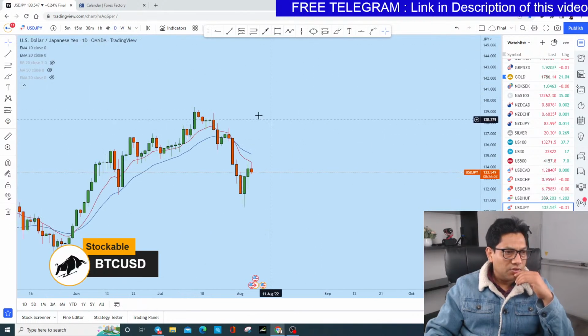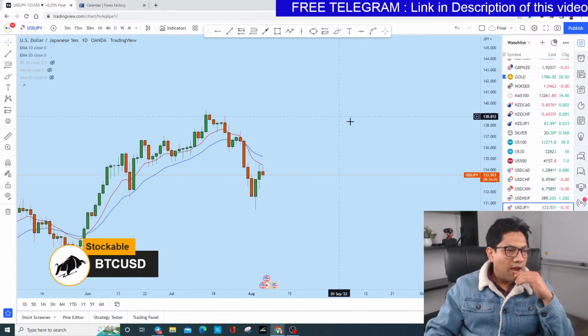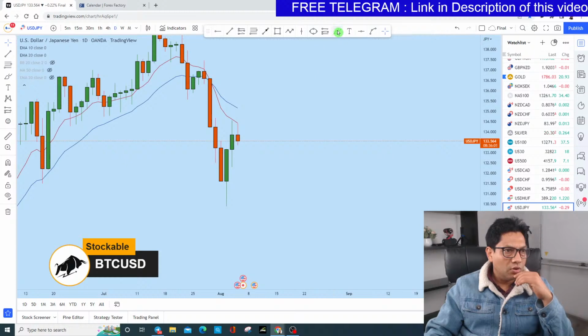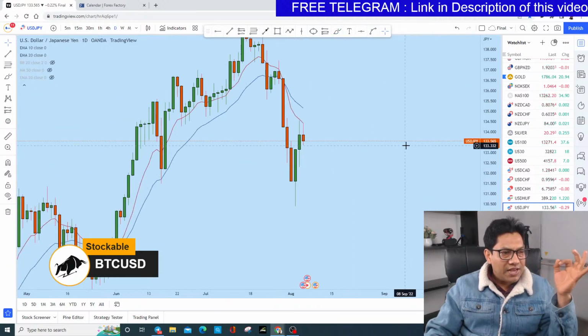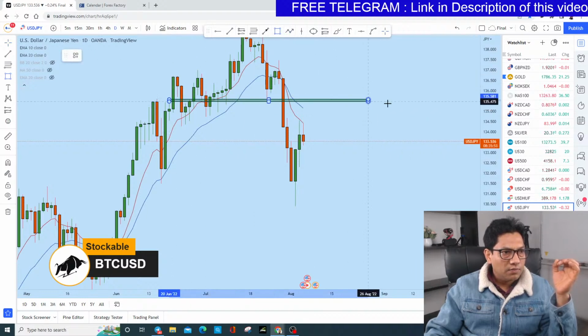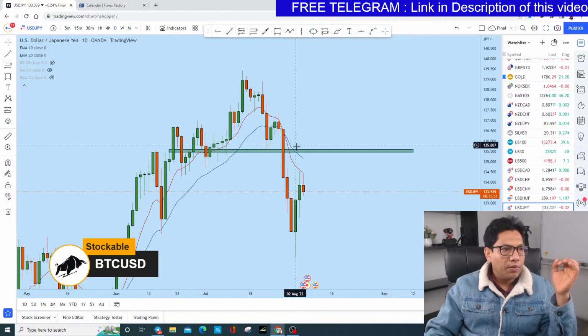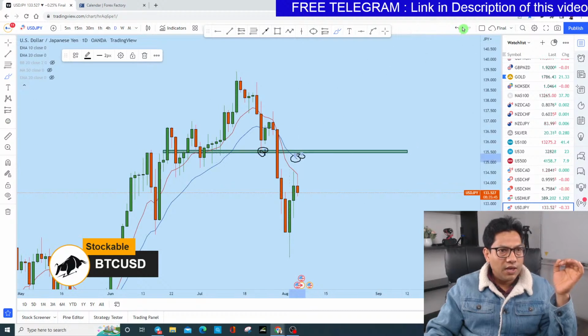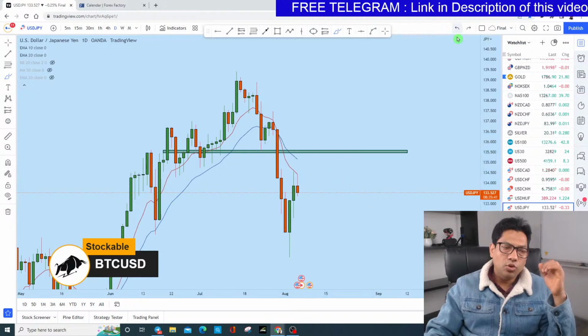Daily. Now the question is what I think dollar yen will do. I don't think it will just drop like that, because there is an important area of value that has not been tested yet. This previous support, now a resistance, and it should also be testing this daily 20 period moving average.